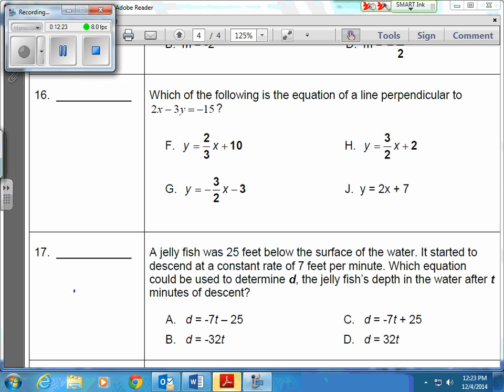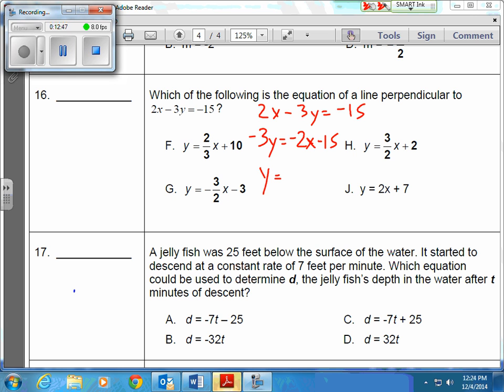Which of the following equations is a line perpendicular to 2x minus 3y equals negative 15? Well, I need to figure out what the slope of that line is. So 2x minus 3y equals negative 15. Subtract 2x from both sides. I get negative 3y is negative 2x minus 15. Then divide everything by negative 3.